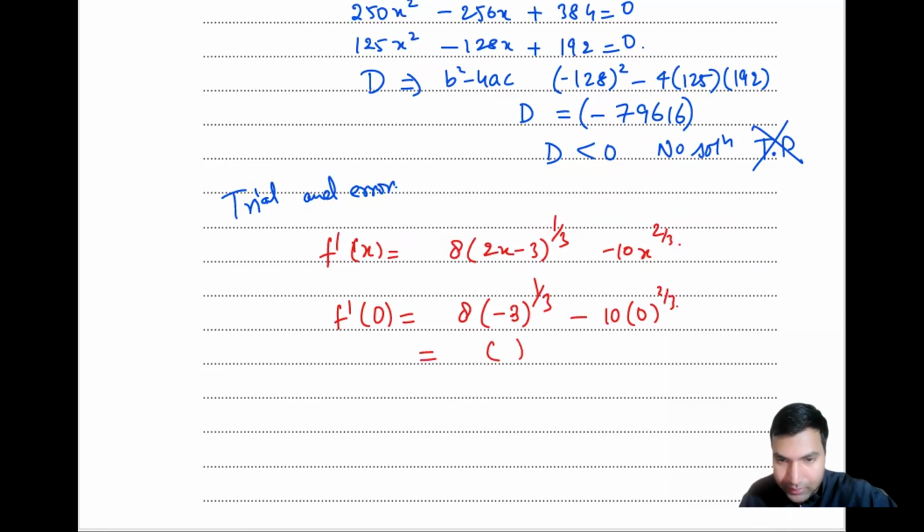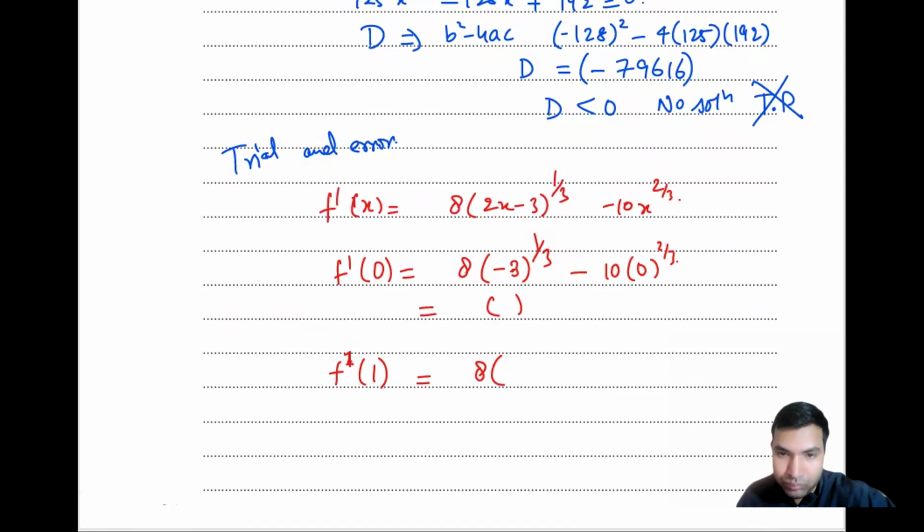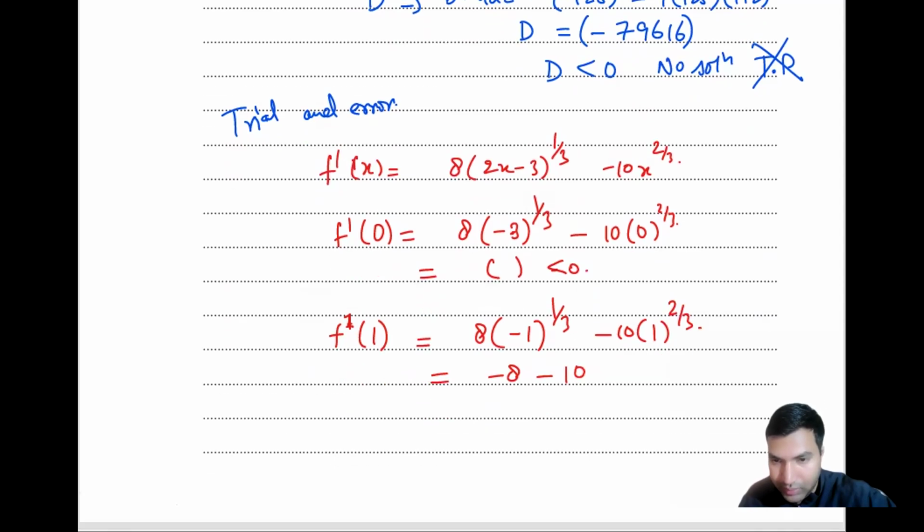So that's some negative value. And if I check for f dash of 1, what will I get? So when x is increasing, that's negative only, right? This is basically less than 0. And if I put x equal to 1, I'll get basically negative 1 to 1/3, 10, 1 to 2/3. Okay, so this becomes negative 8 and this becomes negative 10, right? So negative 3. So this is basically decreasing only, right?